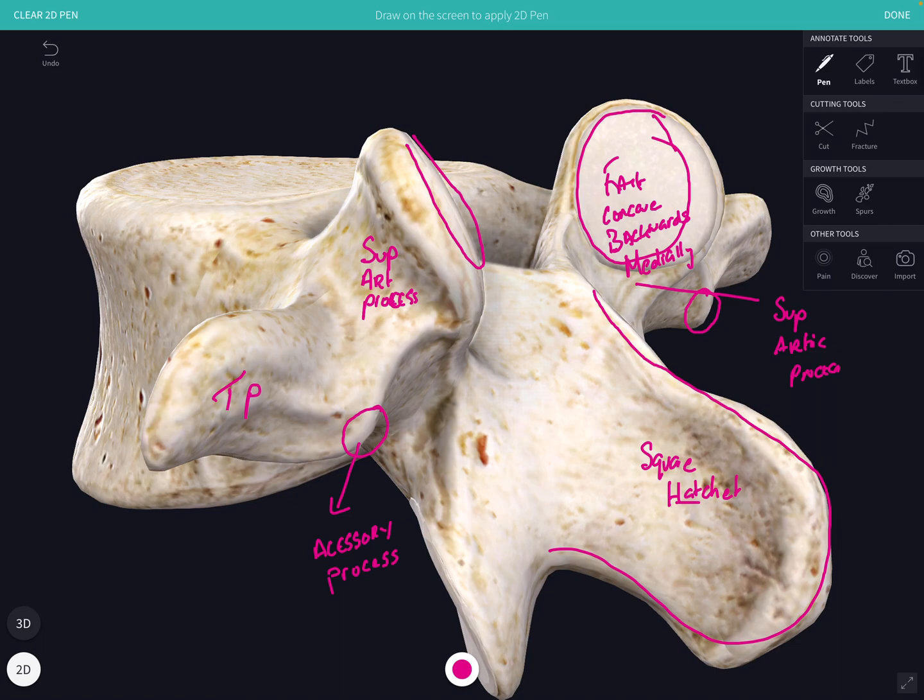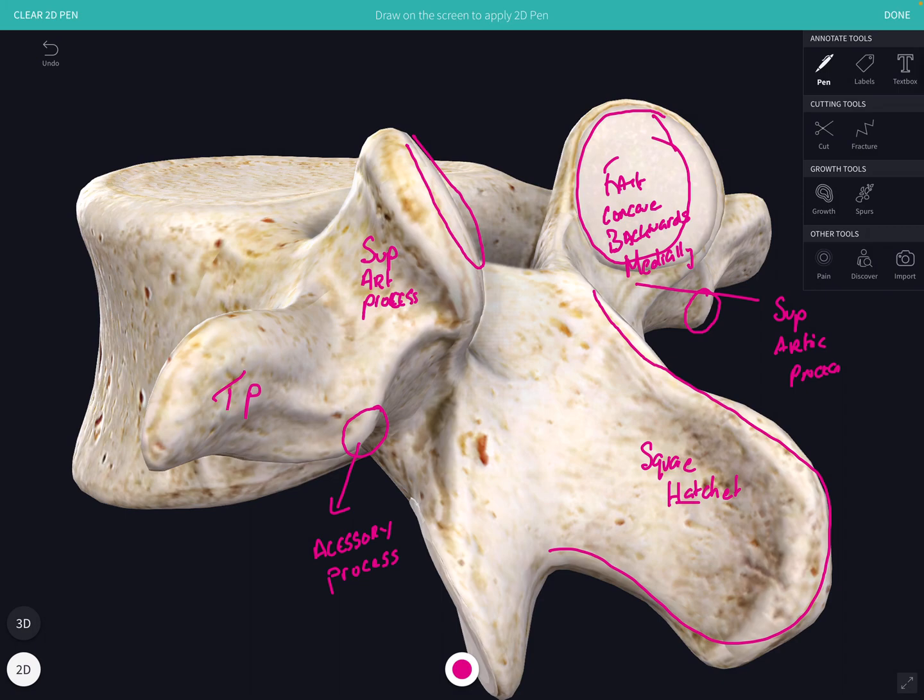When the vertebrae are articulated, the inferior articular facets lie between the superior articular facets of the vertebra below. The superior articular process bears a bony tubercle on the posterior surface, known as the mammillary process.